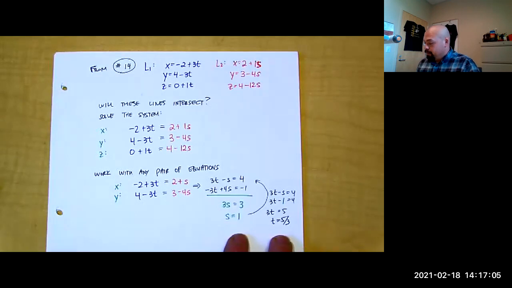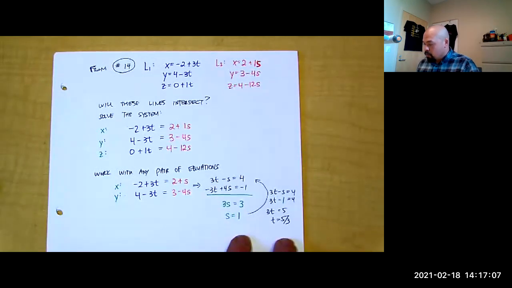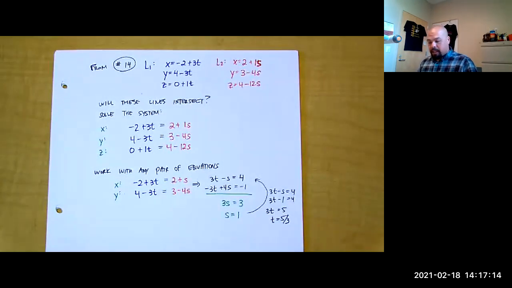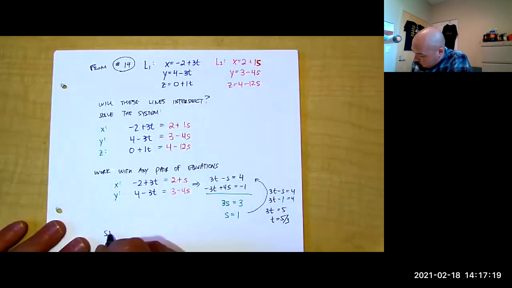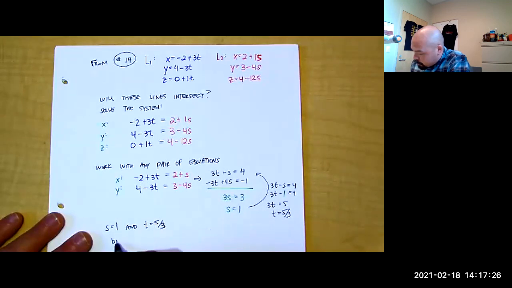And so we can see with some steps here, with these 2 values for s and t, both the x and the y's will match up. Okay, so that's what we've just determined. With s equals 1 and t equals 5/3, we can check both the x and y values, right, will match for each line.